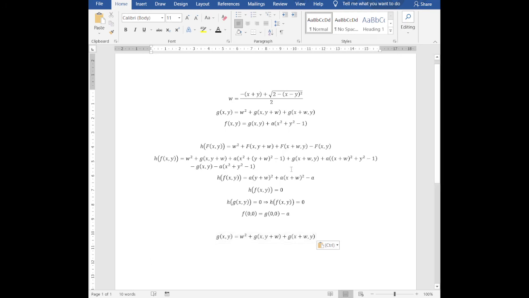If I could show that the solution had... Oh, no, I don't need to. Do I need to show that? So I did show something about this earlier. I've shown this previously, that we can find w when x and y are both equal to 0.